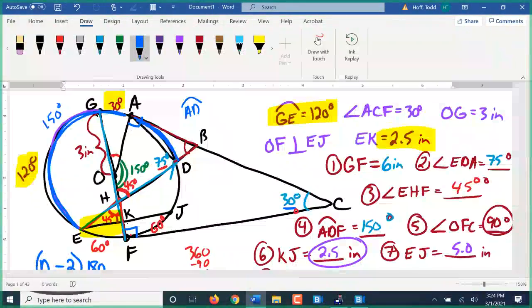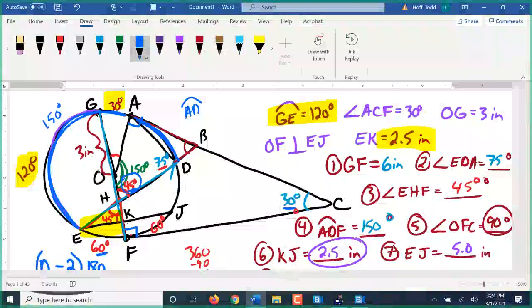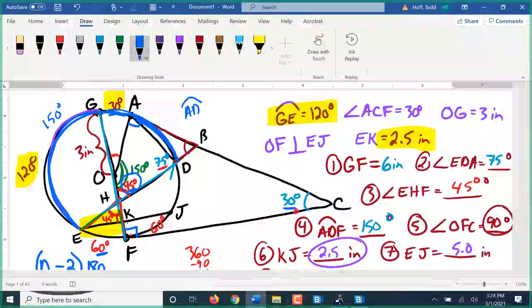How do I find arc AD? Well, it comes down to this 45-degree angle here. That's a 45-degree angle. This is 60 degrees over here. I need to know this angle over here, figure out how things add up.